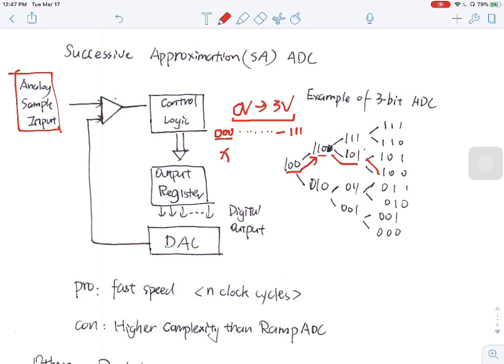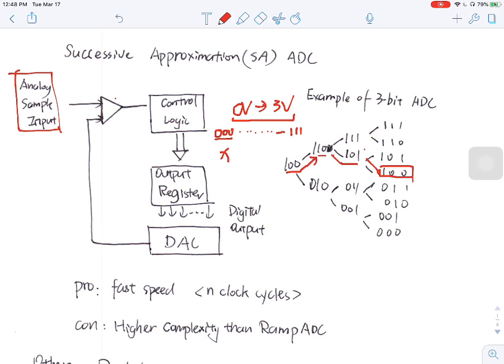Eventually you will end up with a sequence of binary numbers corresponding to the value of X just by guessing multiple times. So that's the logic. By guessing, in this case, n times, 3-bit, 1, 2, 3 times, yes.